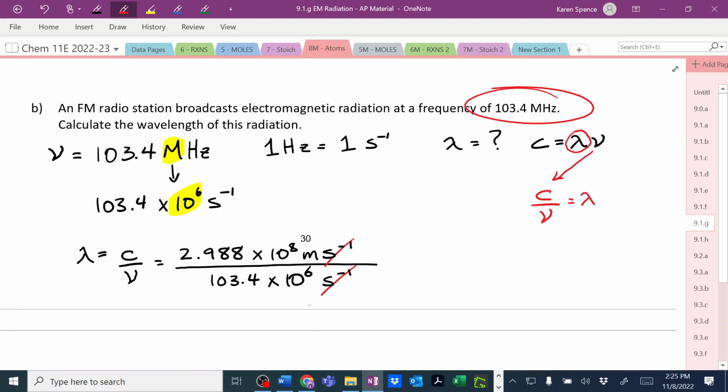So we have 2.988 E8 divided by 103.4 E6 equals, which would round to, and my unit, all that's left is meters.